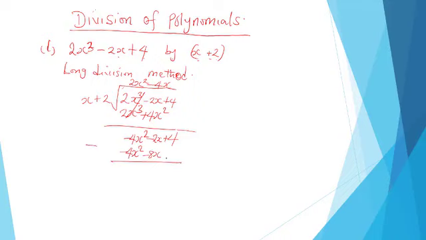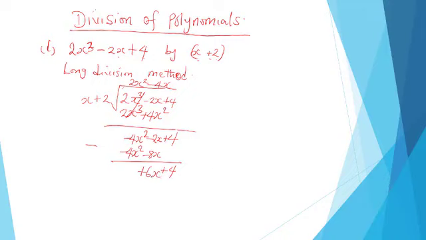Remember, this minus this, so there's nothing here, is plus 4. Minus 2x minus minus 8x is plus 6x, and minus 4x squared plus 4x squared goes off.